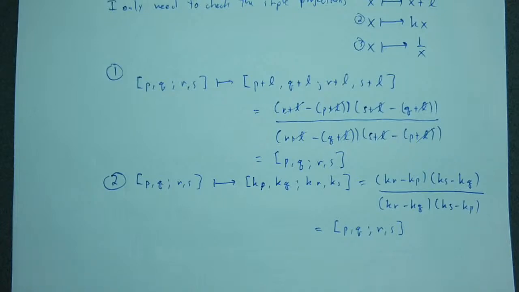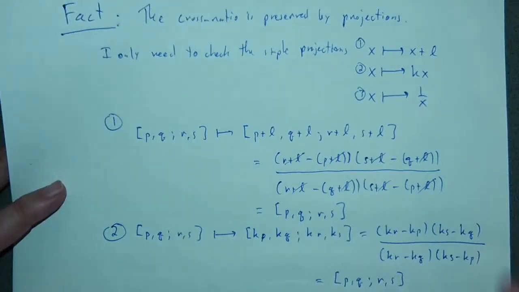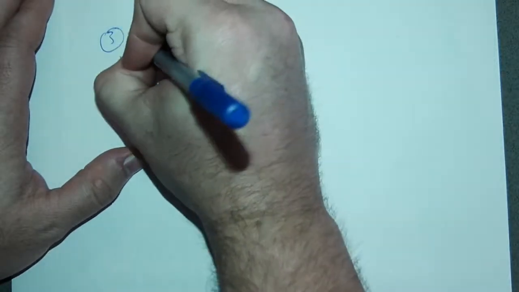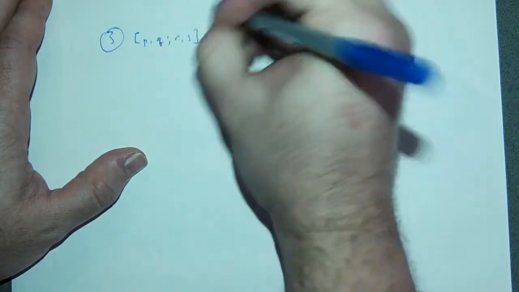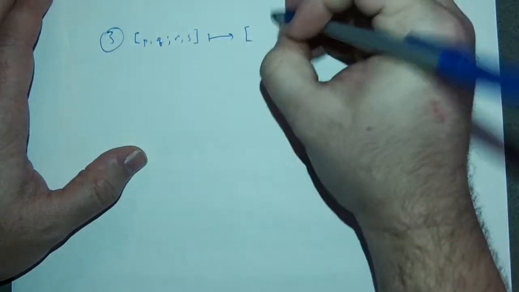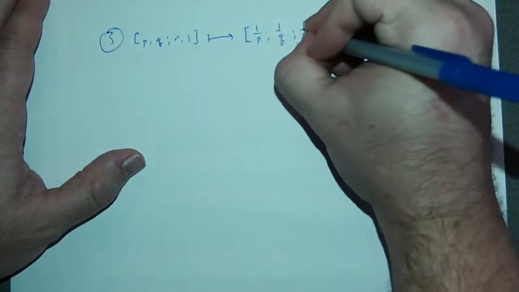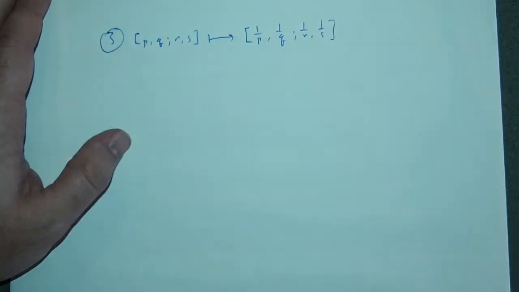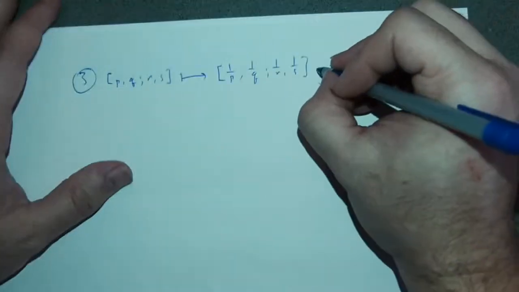And then lastly, this is the one that takes maybe a little bit more work. Maybe it's not as obvious how this works out algebraically. Let's go ahead and do it. Case 3, I am inverting. So my PQRS cross ratio gets sent to the cross ratio 1 over P, 1 over Q, 1 over R, 1 over S. And so what is this?